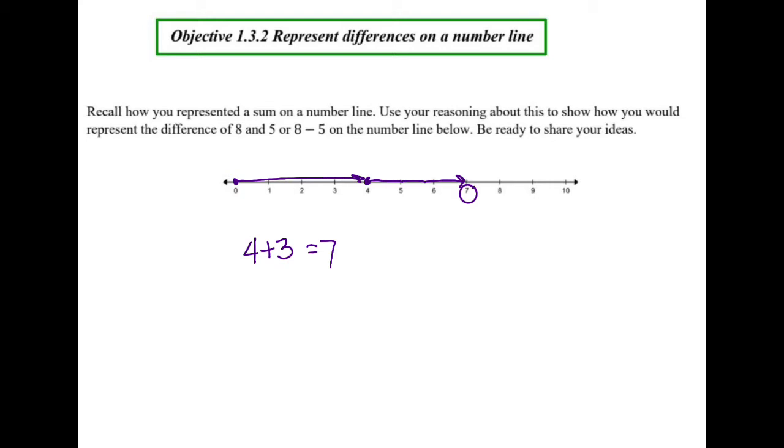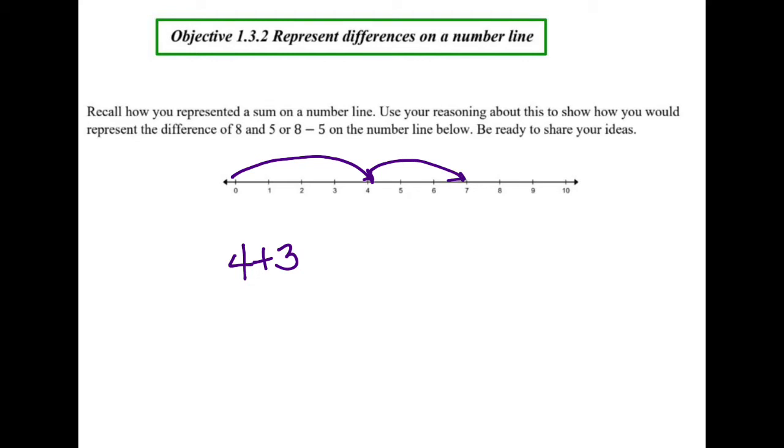There are many different ways of representing it. Using straight lines like that works. But you could also do 4 plus 3 as individual marks: 1, 2, 3, 4, and 1, 2, 3.